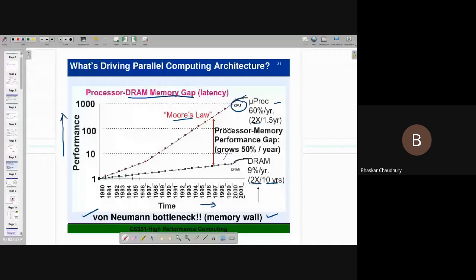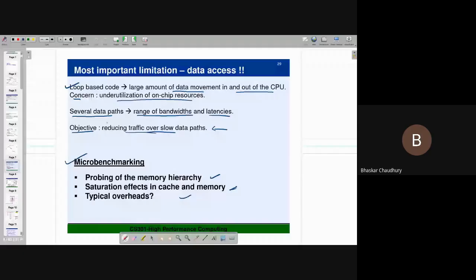That is where the skill lies. How you can reduce traffic over the slow data path by modifying your code. You will still get the same result, but you will modify the code, whatever code you are working with.